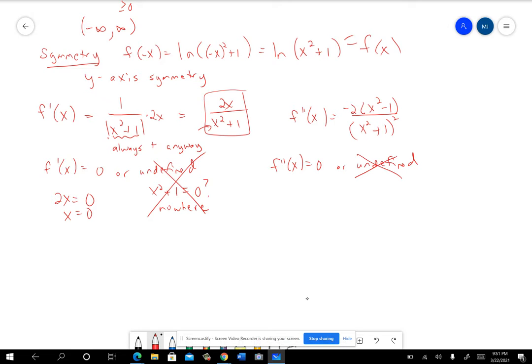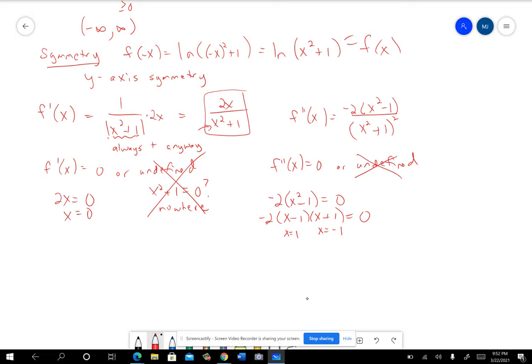And then to find out where f double prime equals 0, you set the top equal to 0. All right, so I will go ahead and factor this further, or I could have used the square root property. And then I get a solution from here, and I get a solution from here. So x equals 1, x equals -1.